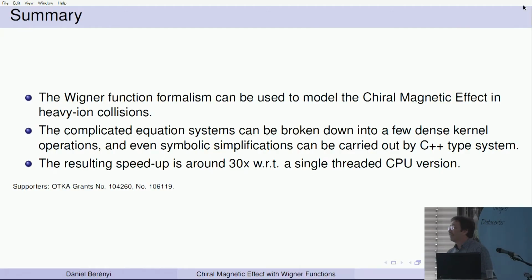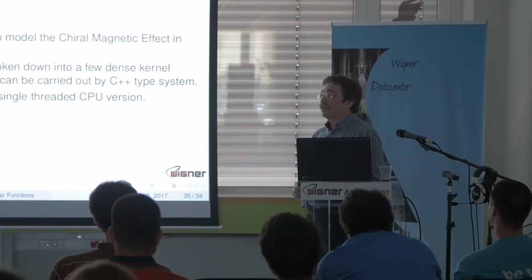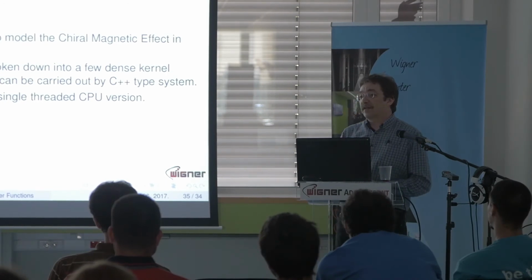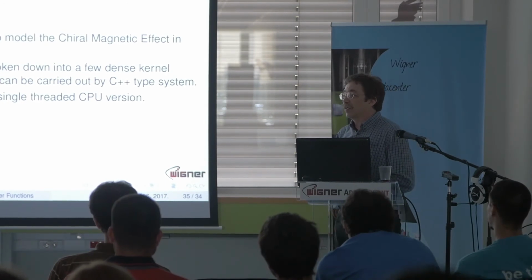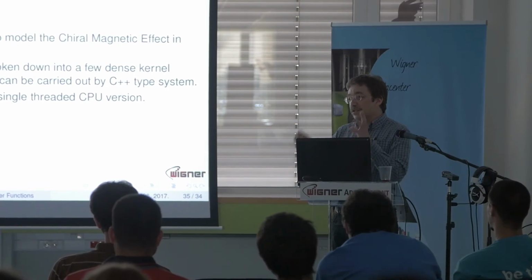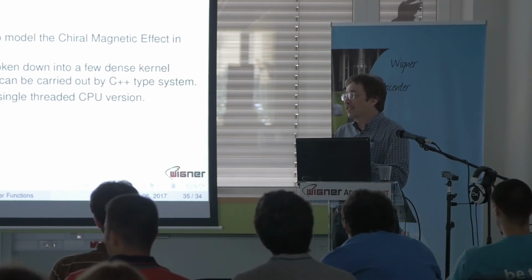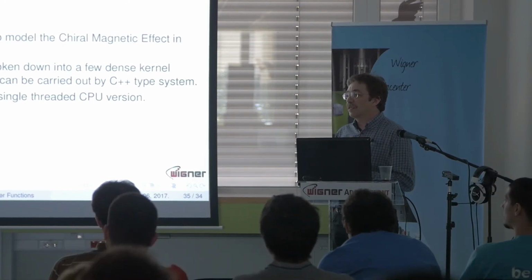Yes, 1 question. Making a code 20 times faster is a really great result, but can the physicists still understand the code? Yes, they can. The kernels, the internal code, is basically 90% identical to the sequential one. So it's more just restructuring, but the actual computations, so the physics part, is untouched, basically.